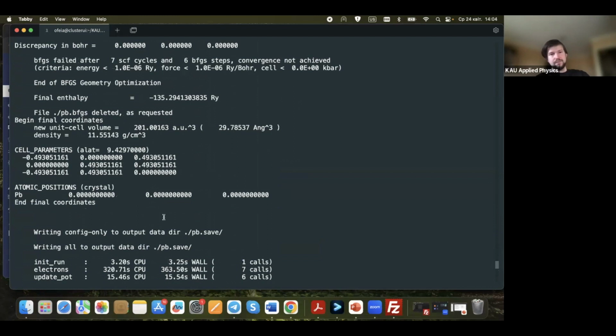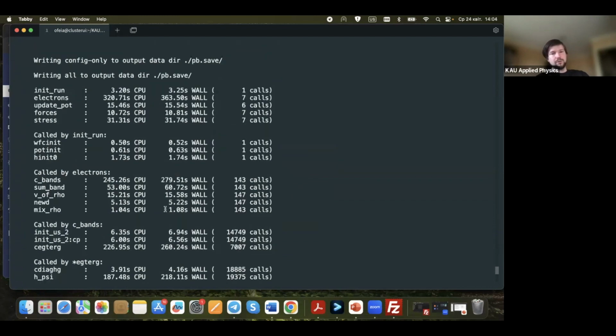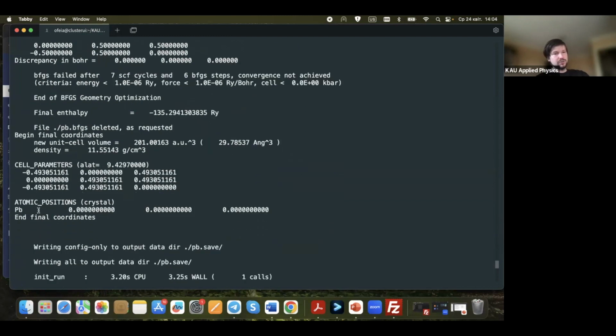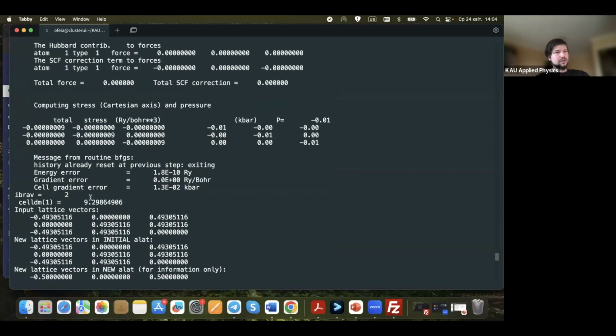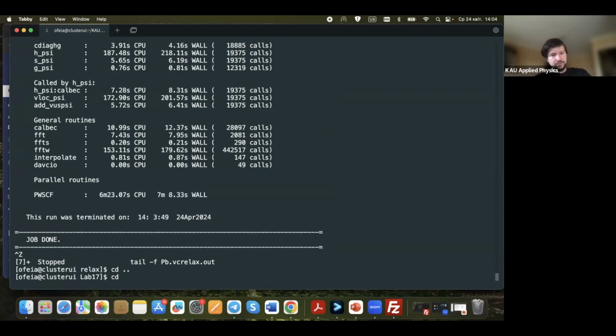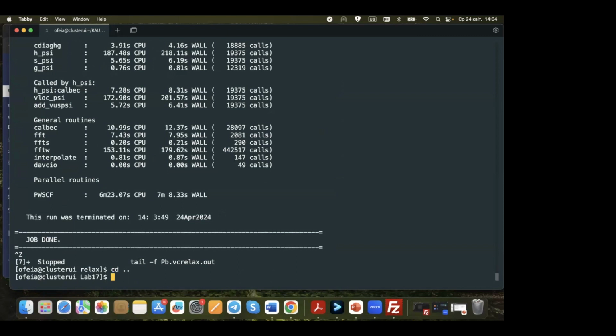Yeah, it finished. What about your progress? And it finished with cell parameters. So this atom didn't change its position. It's ideal. And I have to take this cell and go to the SCF. Yeah, mine has also finished.